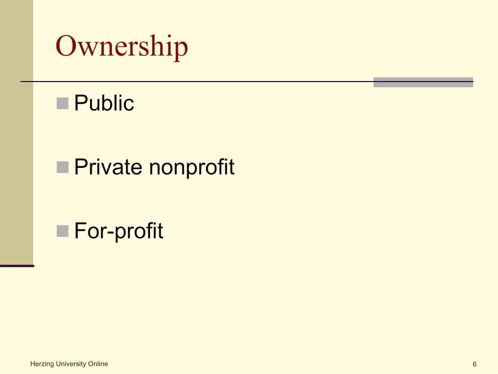The public healthcare organizations include tax-supported agencies at the federal, national, state, and local levels. The boards of these institutions are appointed through political processes and are responsible to elected officials and taxpayers.